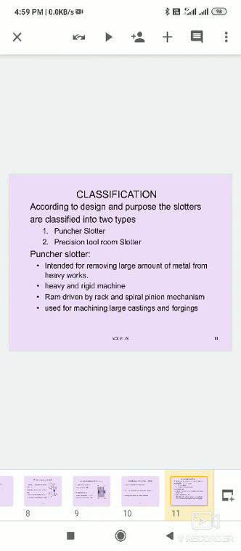Heavy and rigid machine: it is a heavy machine, and rigid means it is a strong machine, because it is mounted on the floor to control vibrations, and it removes a large amount of material for heavy cuts or heavy work. Ram is driven by a rack and pinion mechanism, used for machining large castings and forgings. Ram of punch slotter is driven by rack and pinion.